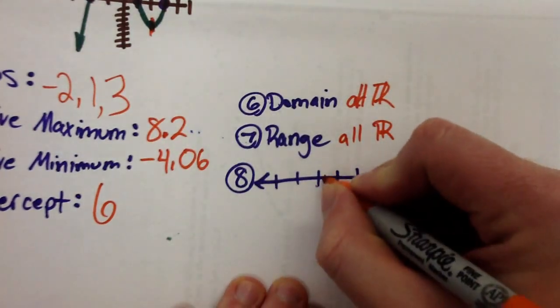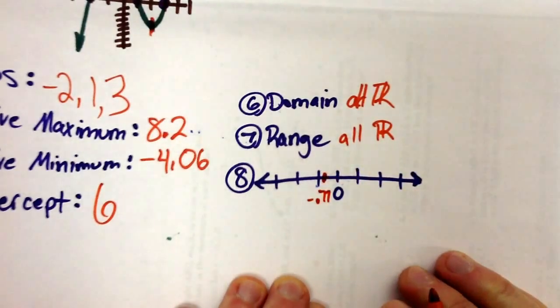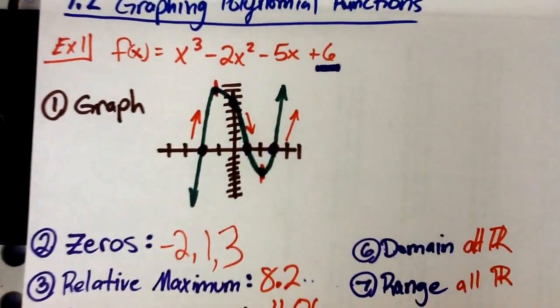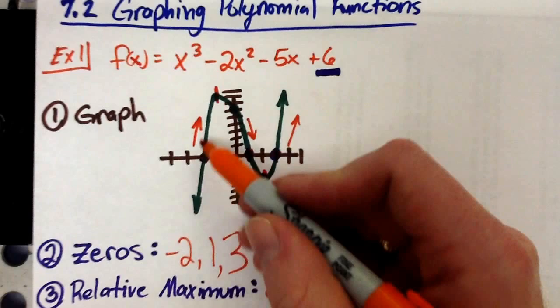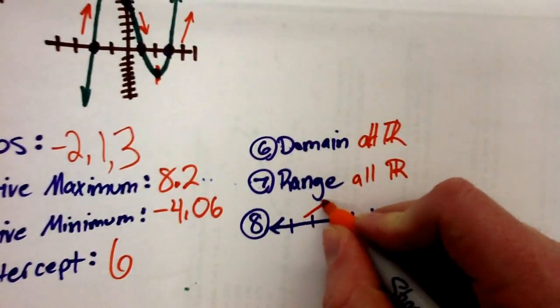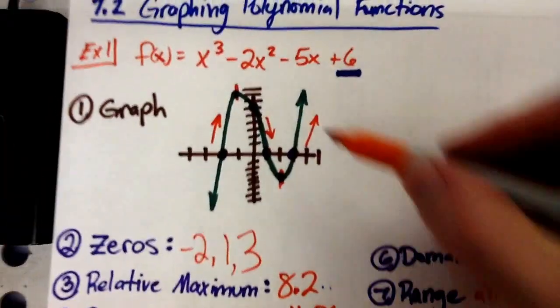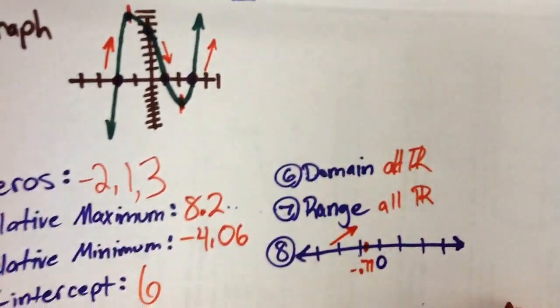So about here, negative 0.77. All right, so anywhere from negative infinity up to that point right there, we're going up. So I'm going to draw a little arrow pointing up. It's going uphill. Okay.